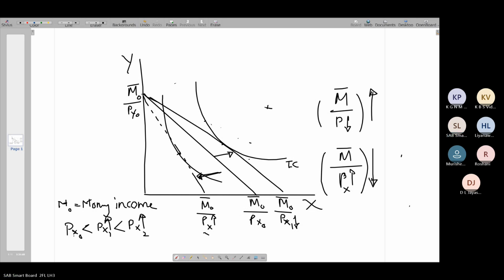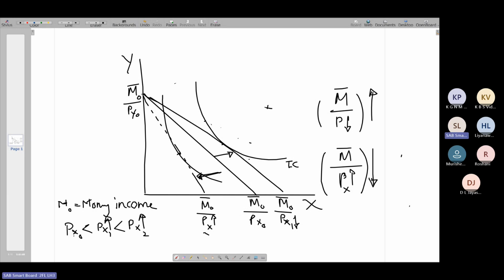The money income does not change, but due to an increase or decrease in the price, real income changes. As a result, we see the impact on the budget line, which rotates. Any question? Then we can identify the equilibrium by taking into account the indifference curves and the budget line.